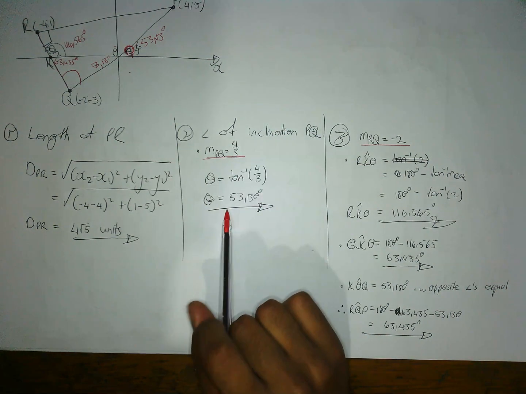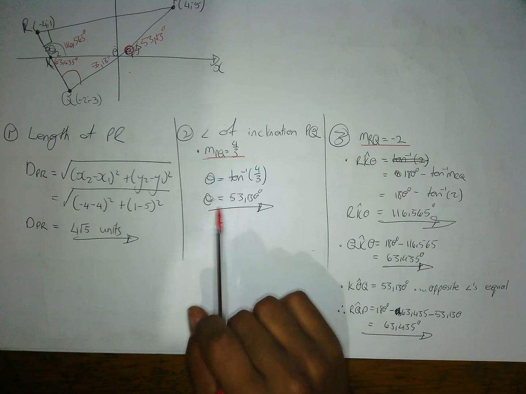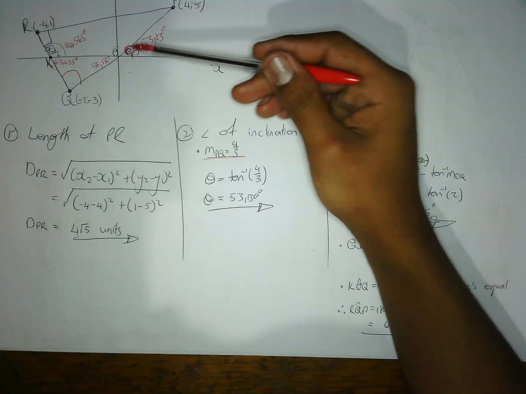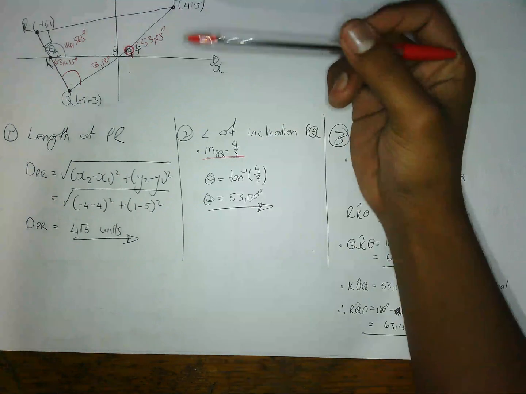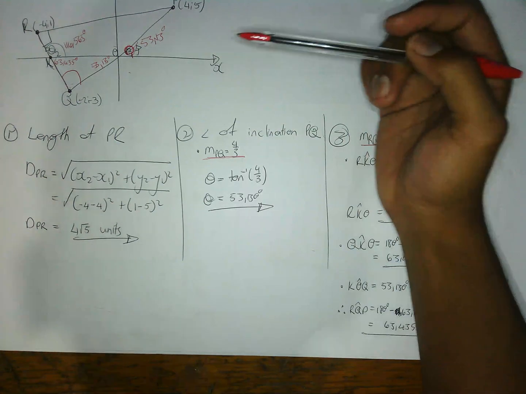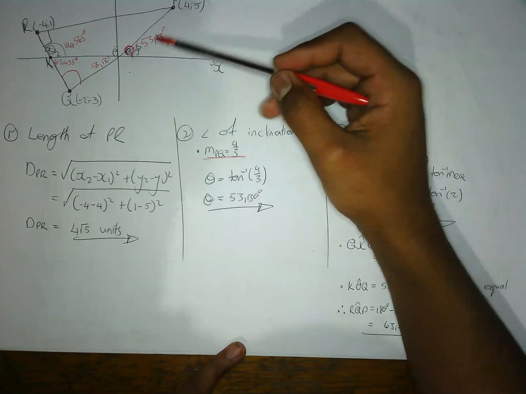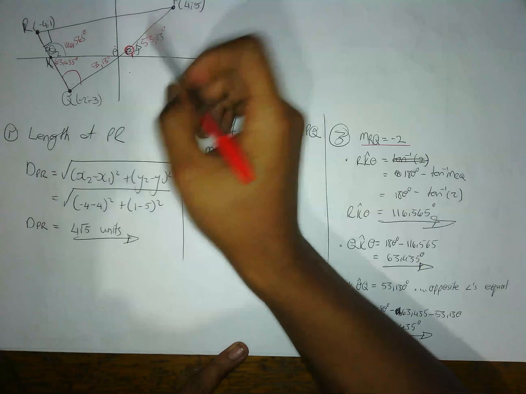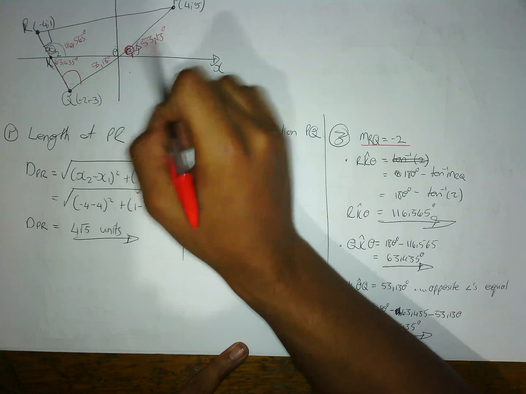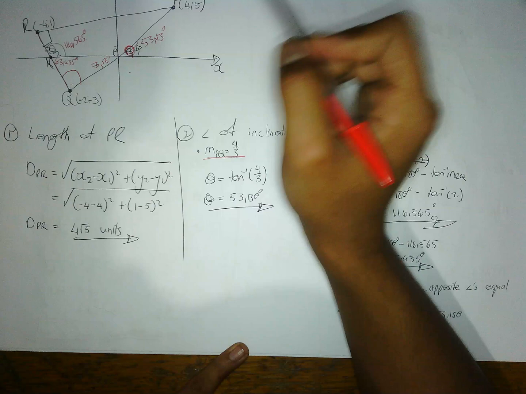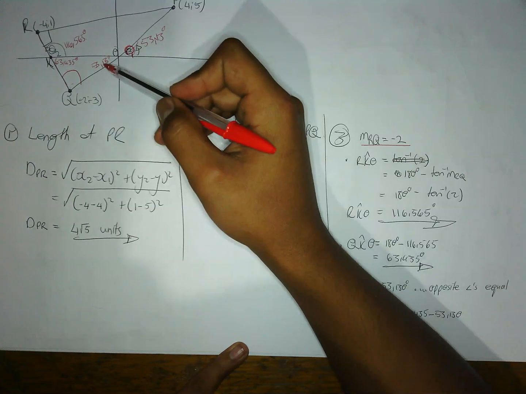The angle of inclination for line PQ, we got that over here. To get that, we got 43.13 degrees. The angle opposite this angle is the same, so these are opposite angles and they're equal to each other, so this is also 43.13 degrees.